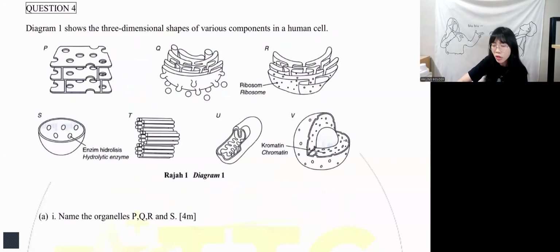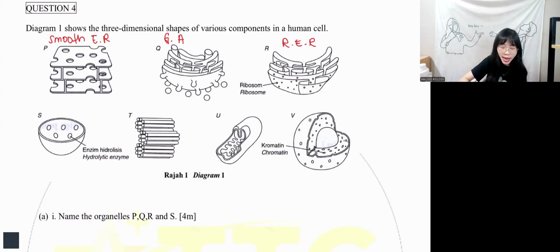P is also one of the organelles. If you look like a cheese diagram, this is a smooth ER. I reckon in short form, just for you to know, guys. And then for R, there is this vesicle here. It looks like a Wi-Fi. This Wi-Fi here, Q is your Golgi apparatus. R is your rough ER, RER, rough endoplasmic reticulum.